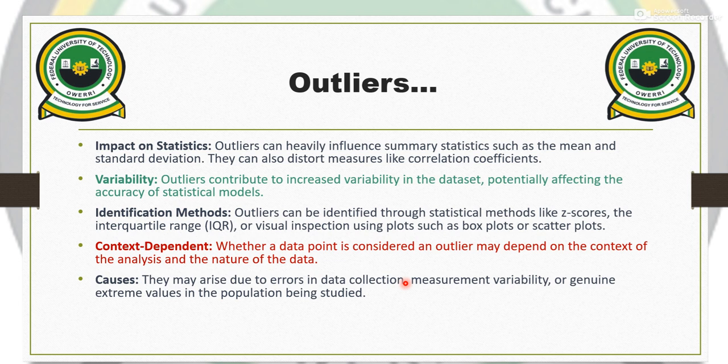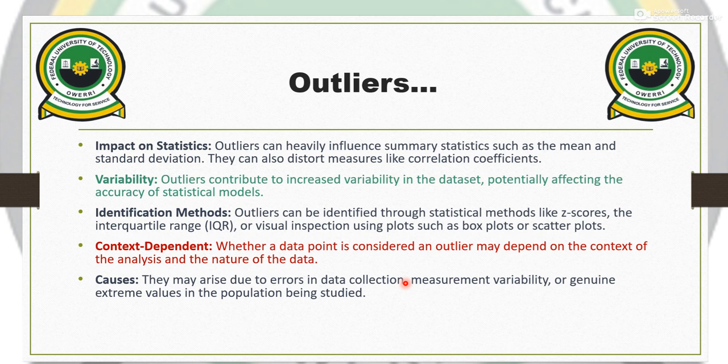The moment there is an outlier, if you don't deal with it, it's actually going to change the output of what you desire to get. Let's take, for instance, you have 10 students that you want to write their ages, and majority of them are between the ages of 12 and 15, and then one of them is 90 years or even 150 years.